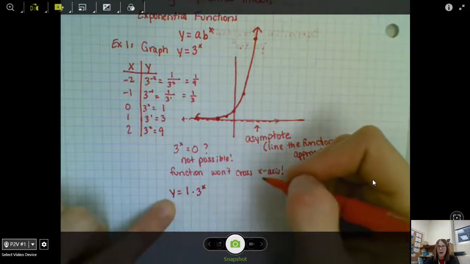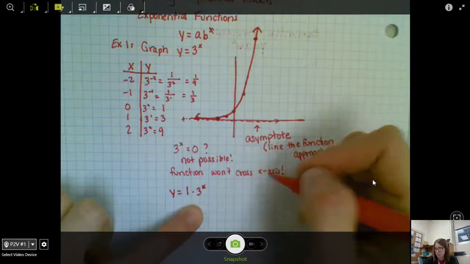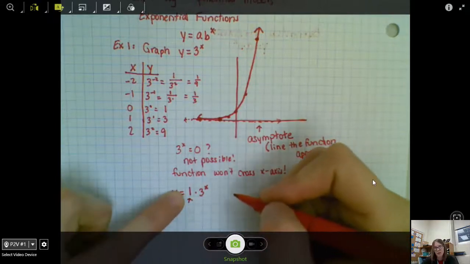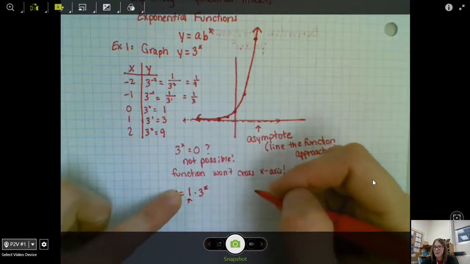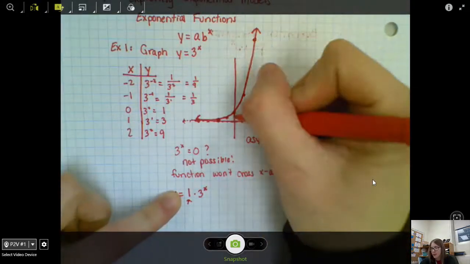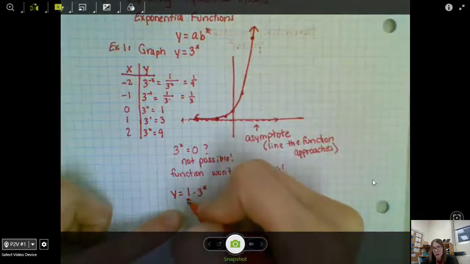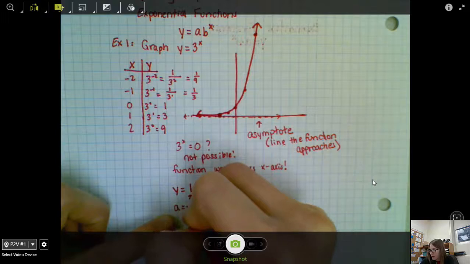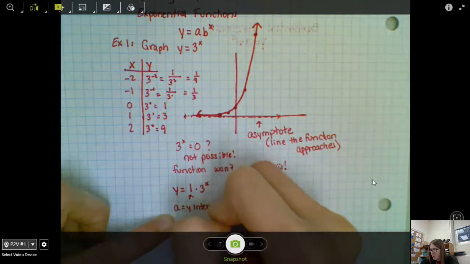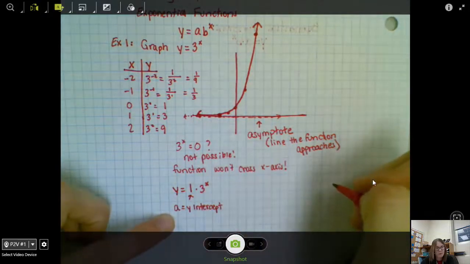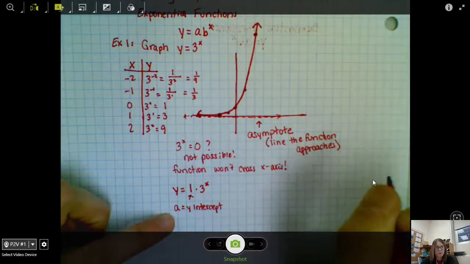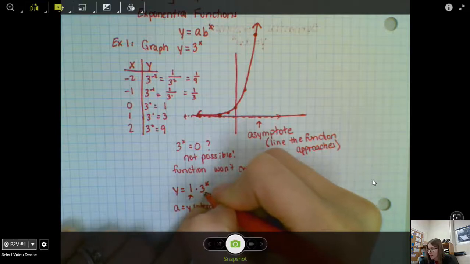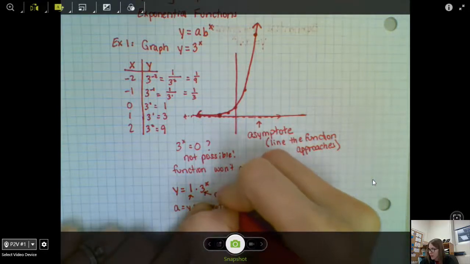Let's talk about what each part of this function does. Do you see where we have a 1 in our graph? That's our y-intercept. So our a value in exponential form tells us the y-intercept. This b value tells us our rate of change.